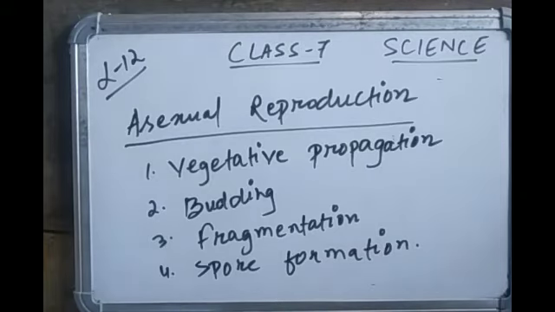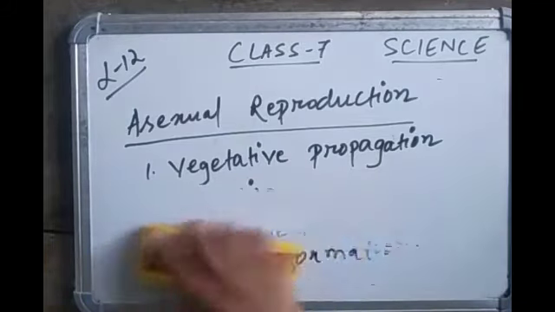So asexual reproduction includes vegetative propagation, budding, fragmentation and spore formation. Let us see vegetative propagation first.